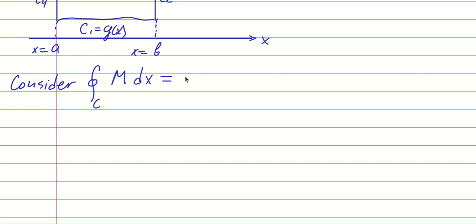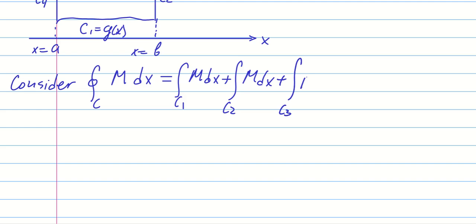So we have to split it up into 4 integrals. One is over C1 of m dx, plus the one over C2 of m dx, plus the one over C3 of m dx, plus the one over C4 of m dx.